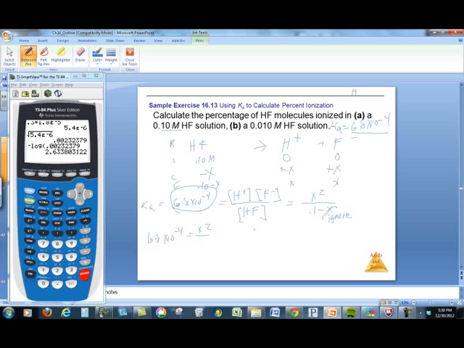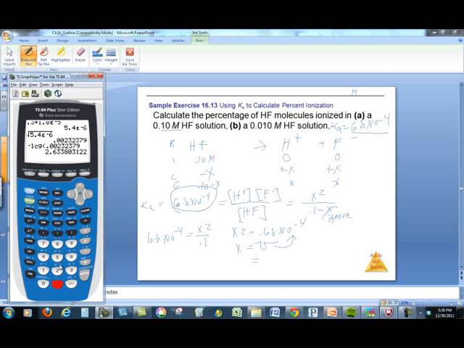I'm going to ignore the over 0.1 because I'm going to ignore the minus X, right? So X squared is equal to 0.68 times 10 to the minus 4, right? Distributing this times this. So X is equal to the square root of this.